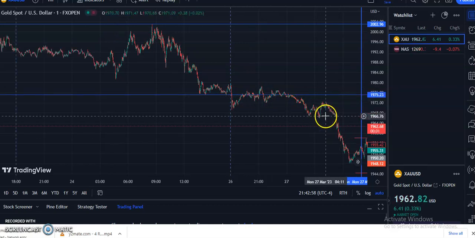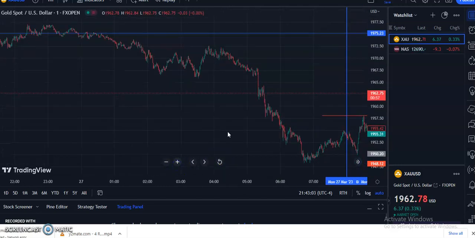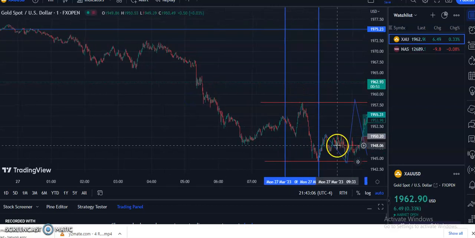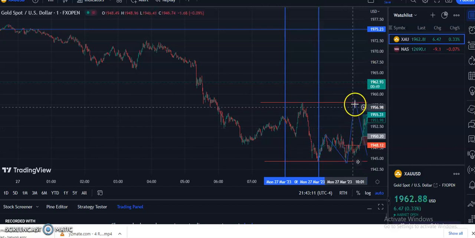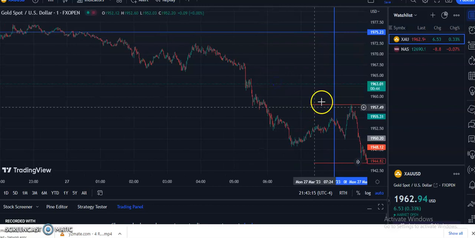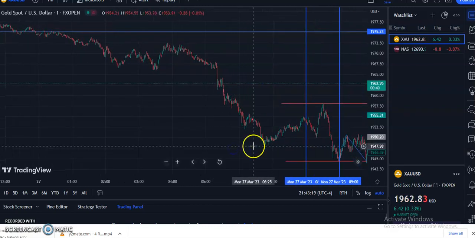So this was a broken down market. Now, my thesis was that we would continue falling, but we would have to stop hunt the high of the session. And the first hour sets the high and the low of the session as usual. And then all we have to do is wait.